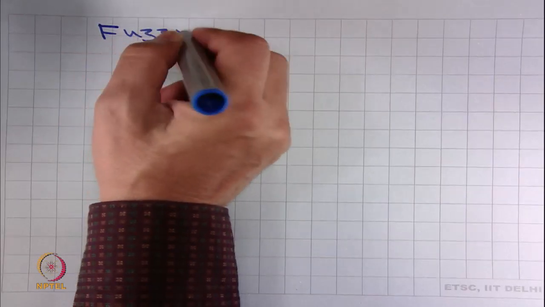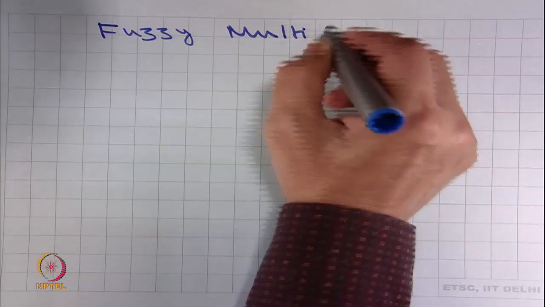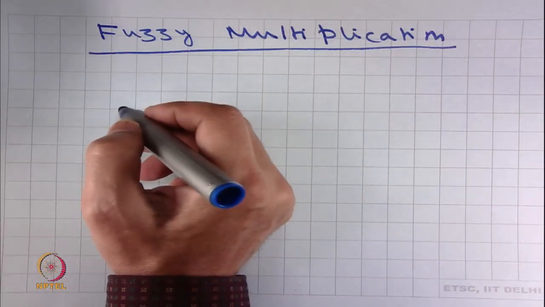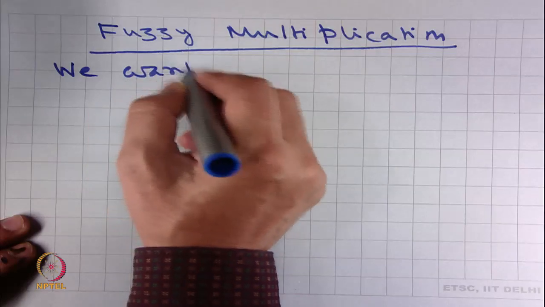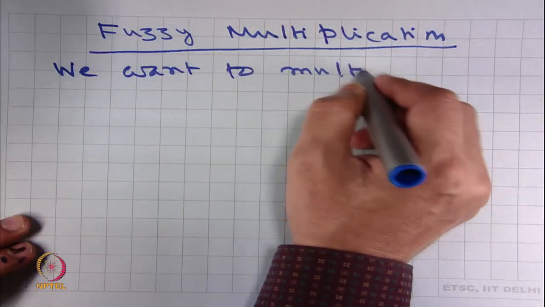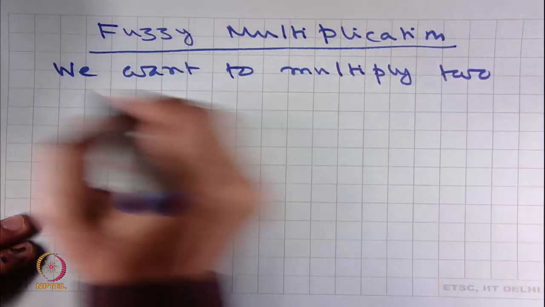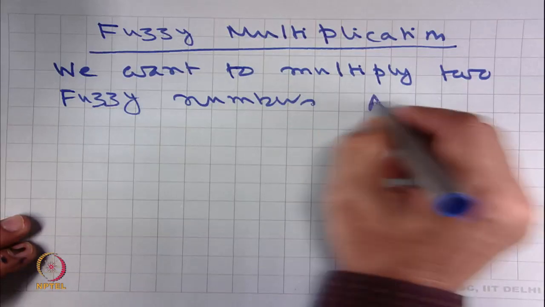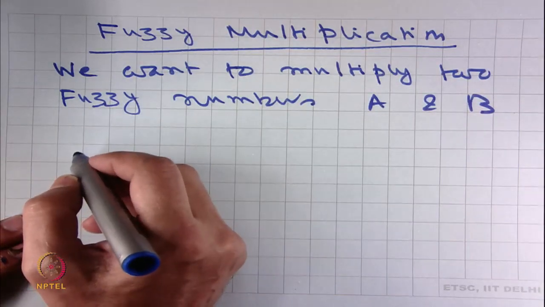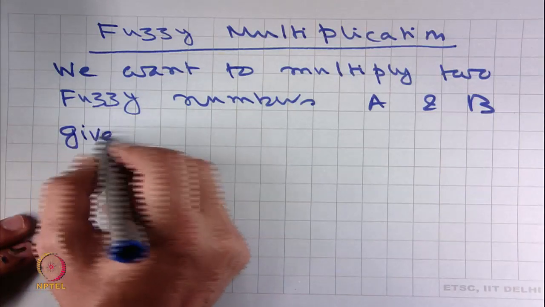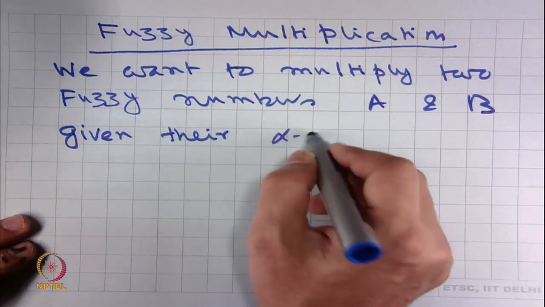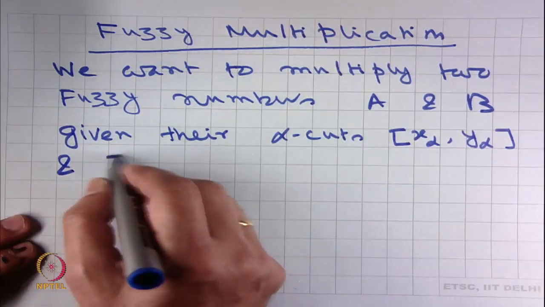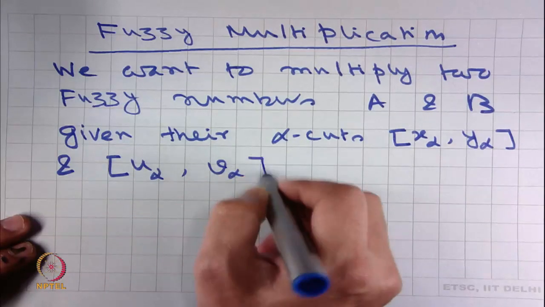fuzzy multiplication. We want to multiply two fuzzy numbers A and B, given their alpha cuts [x alpha, y alpha] and [u alpha, v alpha] respectively.